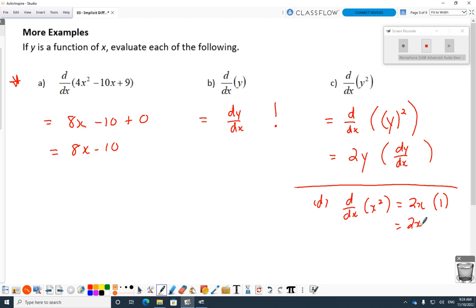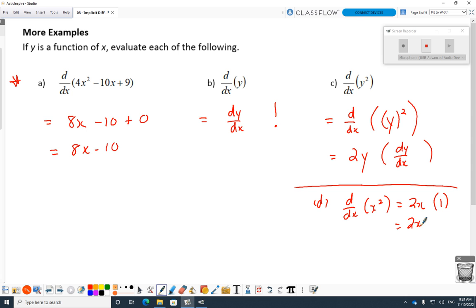You're taking the derivative of x squared, which is 2x, but the derivative of the inside is just 1. That's what makes taking d by dx of x squared so simple. We kept our feet on the ground there a little bit when we were doing those derivatives, because the derivative of x with respect to x was just 1.